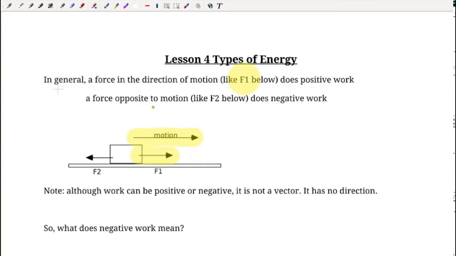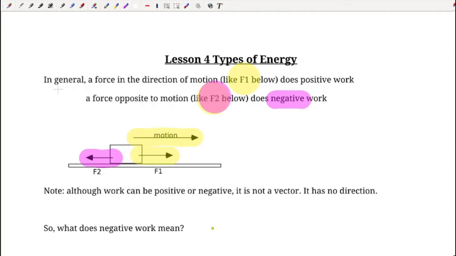And a force opposite to the motion, like F2, is in the opposite direction of the motion, and does negative work. So although work can be positive or negative, we know it's not a vector, it doesn't have a direction, but it does consider whether the force is in the same direction as motion or opposite the direction of motion. So then what does negative work actually mean?